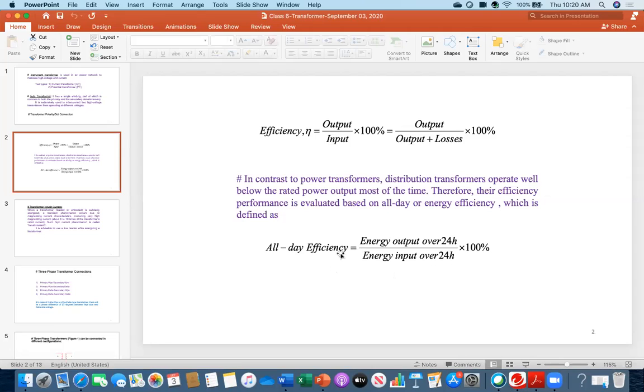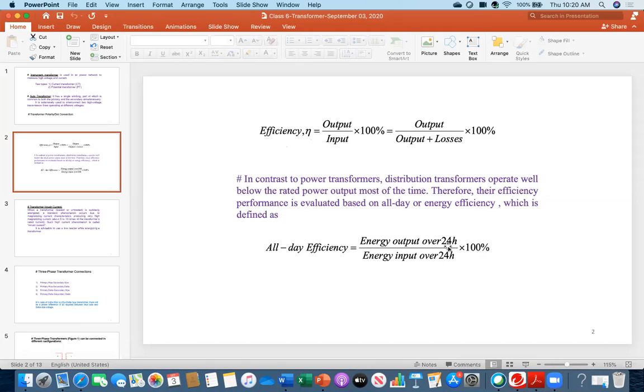All day efficiency is the energy output over 24 hours taken as a percent of energy input. Here I have used the word energy, but elsewhere I simply use output and input. In this case, it is just the output power over the input power, but it is the energy output over 24 hours.